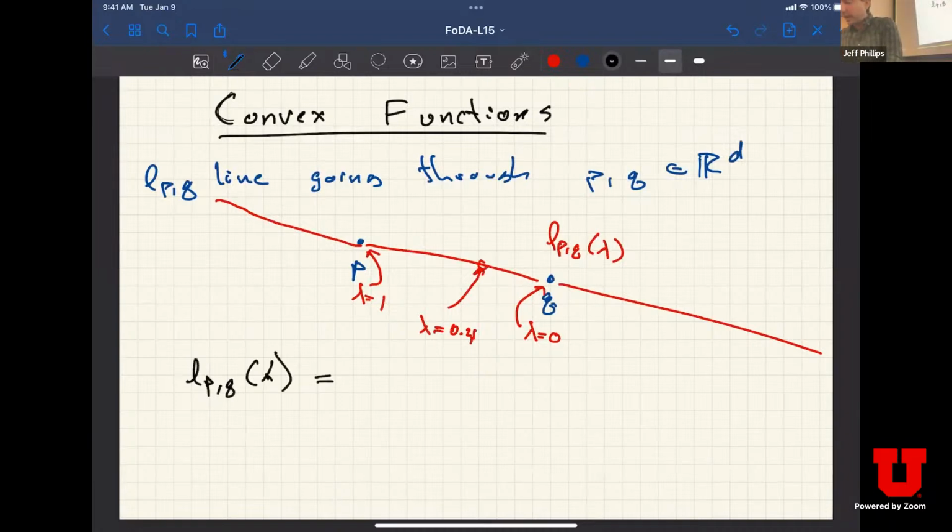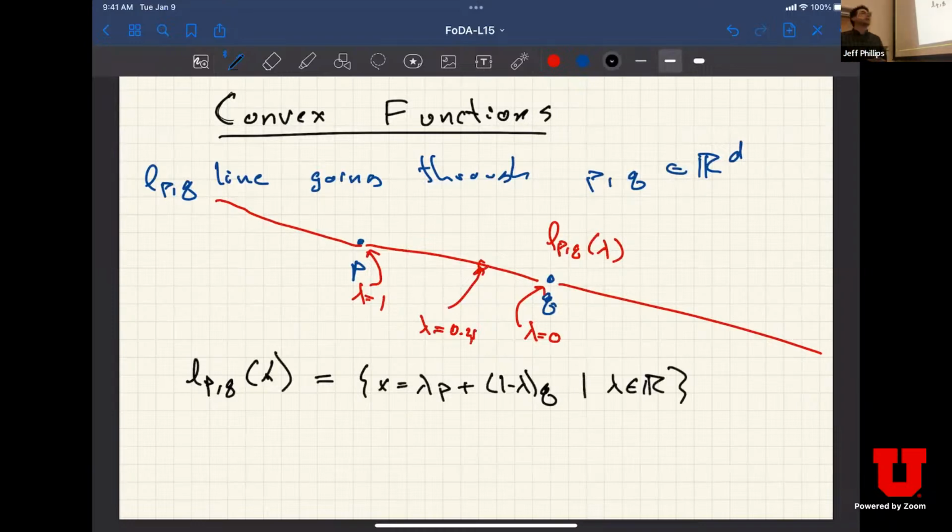I write it as the set of points defined as lambda P plus 1 minus lambda Q, such that lambda is a real value.